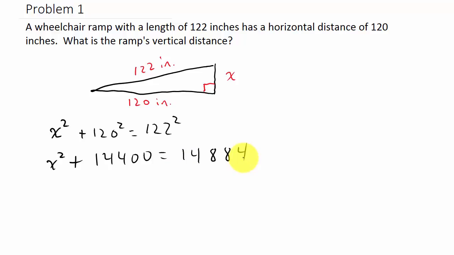14,884. And then I've got to get x squared by itself, so I'll subtract 14,400 from both sides, and that's going to give me x squared equals, that's going to be 484.